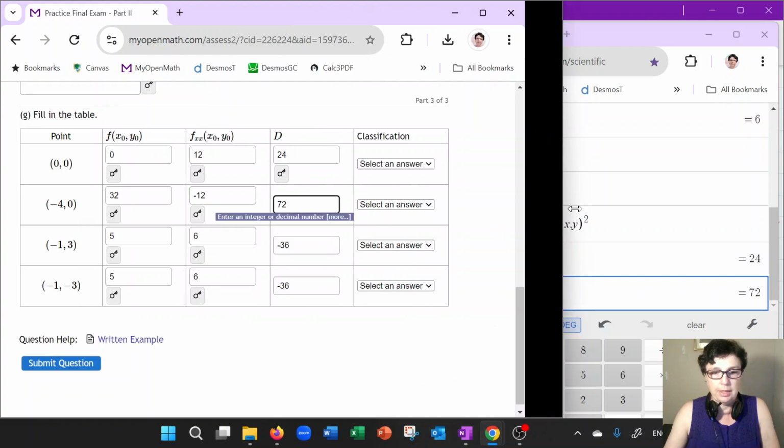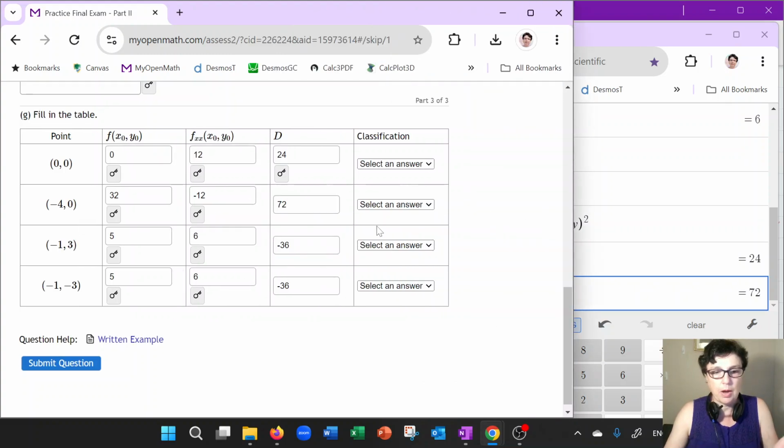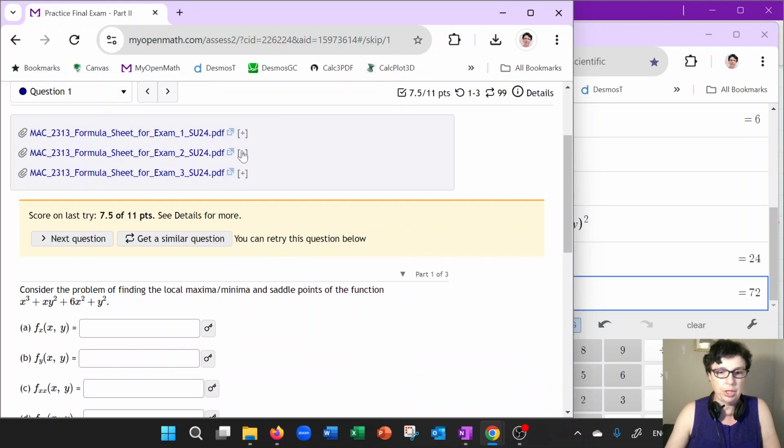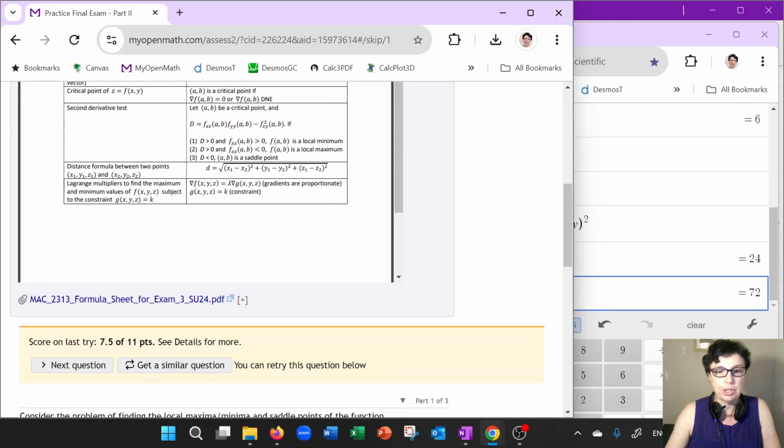Okay, so now how am I going to classify them? In order to classify them, I need to look at the formula sheet. The formula sheet tells me that if D is negative, then that's a saddle point, and I don't need to look at the fxx. But if D is positive, then fxx positive, it's a min, fxx negative, it's a max.